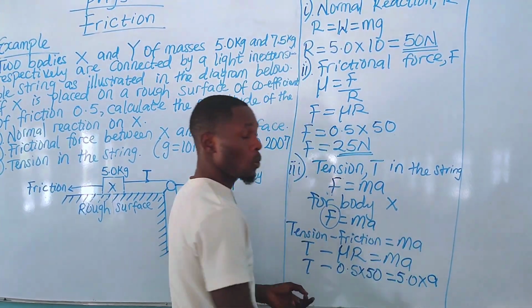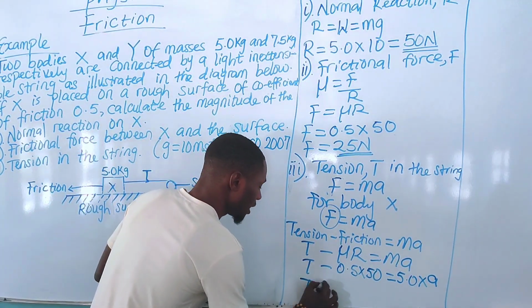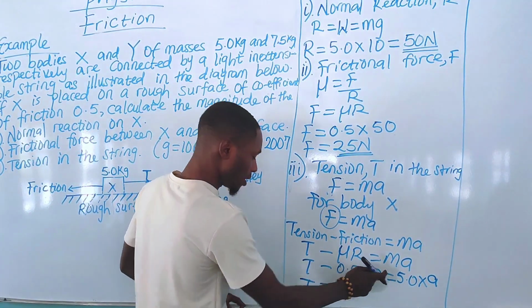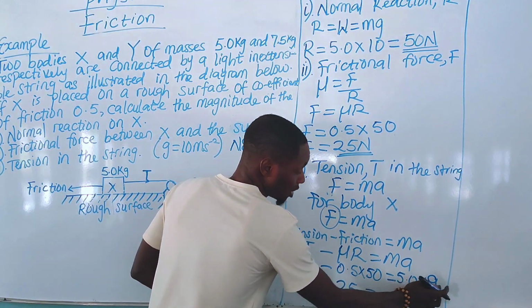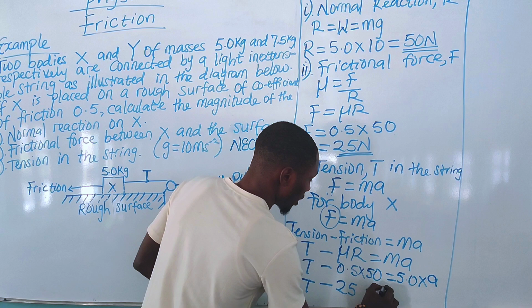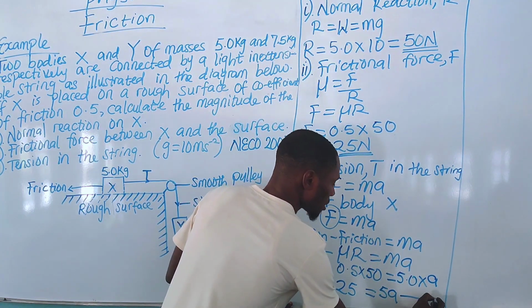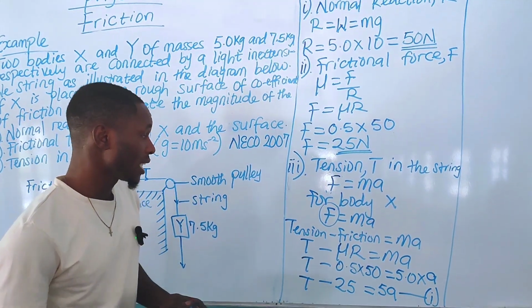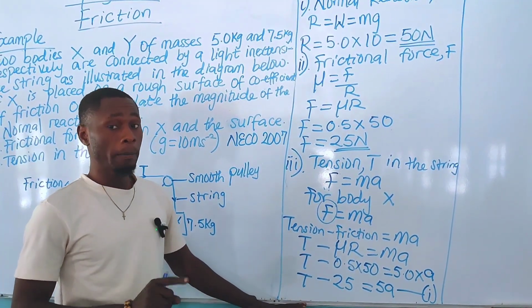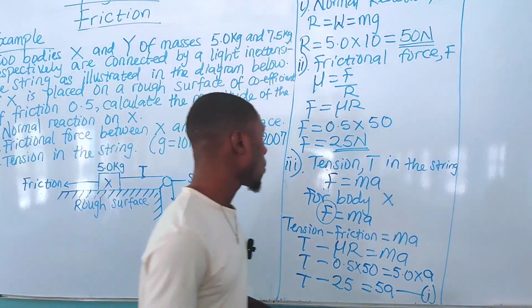We don't know what the acceleration is. So we have T minus 0.5 times 50, that will give us 25, to be equal to 5.0 times A, which is 5.0A, or just 5A. Okay, so let's call this equation 1. So we have found an expression for the tension in terms of body X.